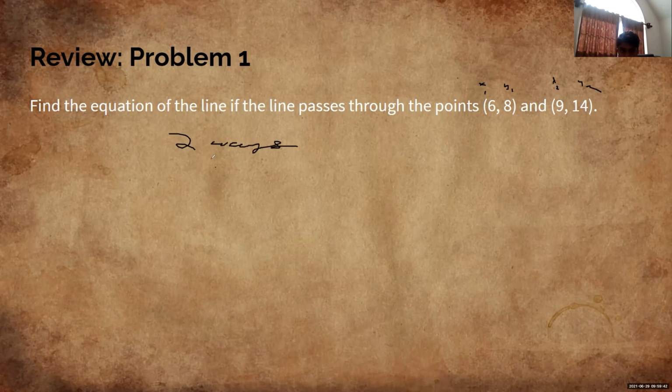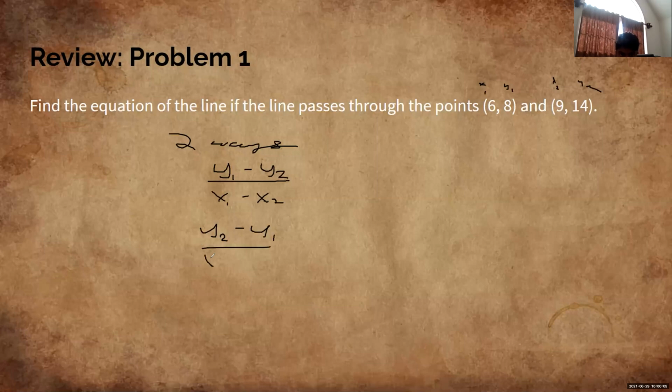The first way is y1 minus y2 over x1 minus x2. The second way is y2 minus y1 over x2 minus x1.